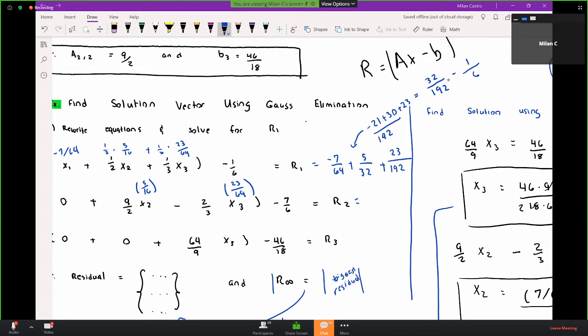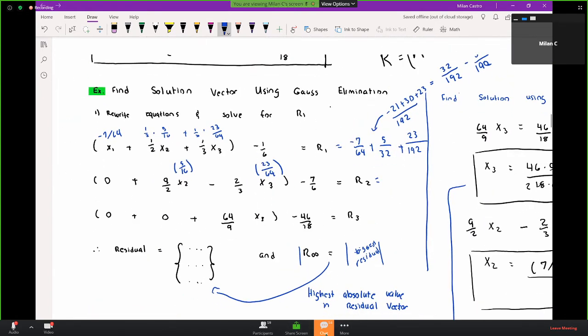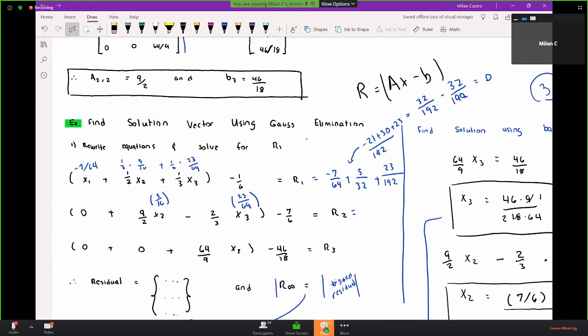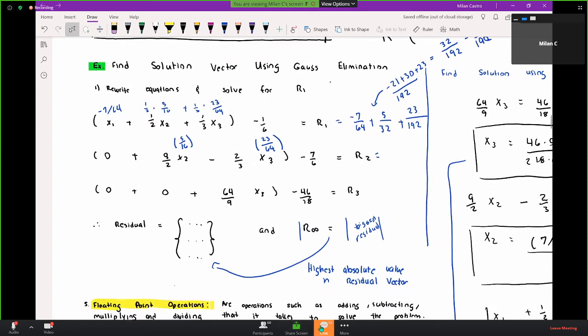Okay, minus 1/6. So that's going to be 32 over 192, which gives us 0. That's what we expect because we want these residuals to be really small. Since we didn't do any rounding, our residuals are going to be pretty accurate.